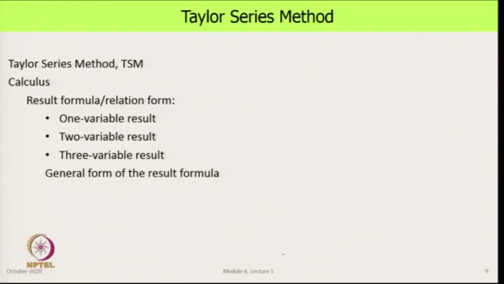In what we are going to look at now, we will first look at the basic calculus of the Taylor series method in light of different types of result formula.